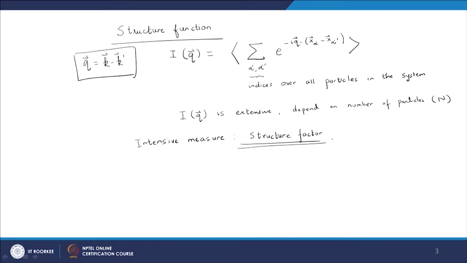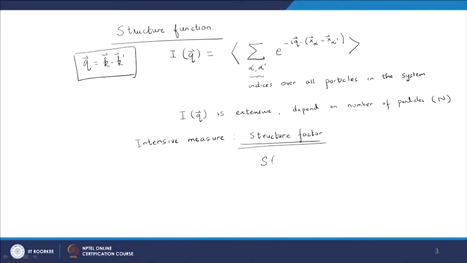and in literature there are two ways it is defined. In one way we divide by the number of particles, in the other way we divide by the volume of the system. In both cases, since the volume also scales like the number of particles, we do get an intensive quantity. So, one way is this, and the other way is this.